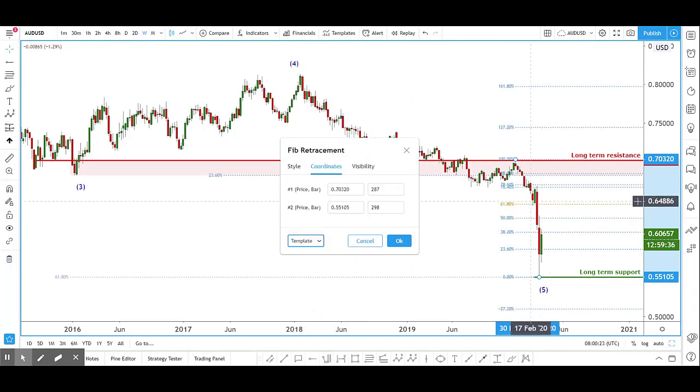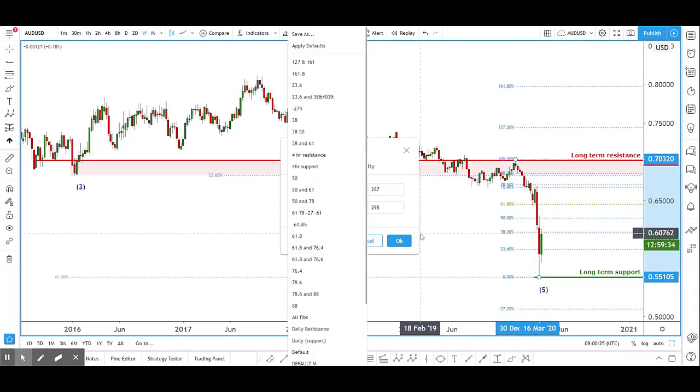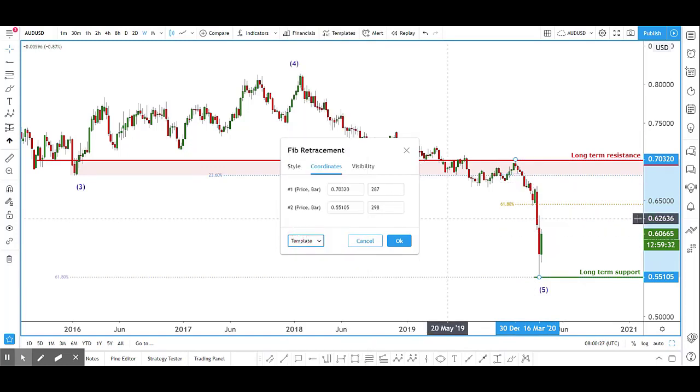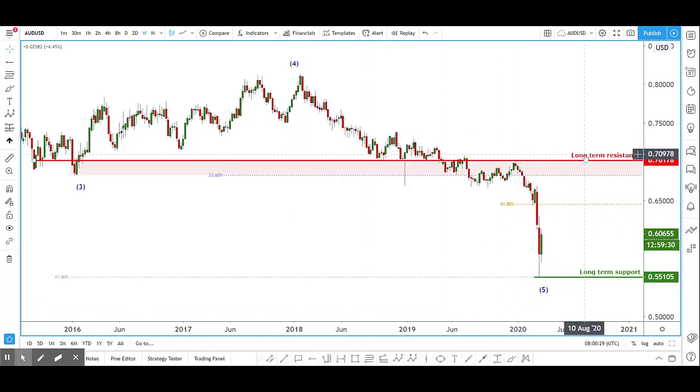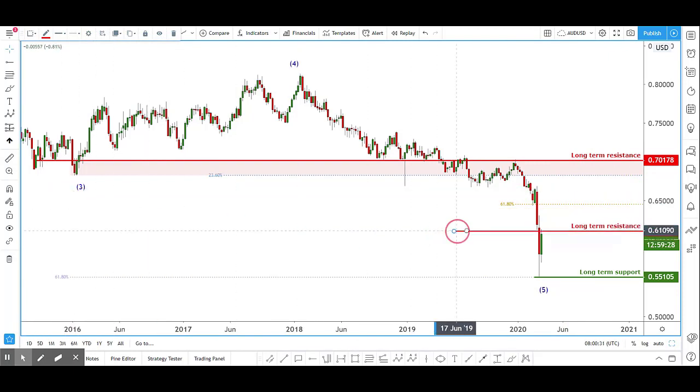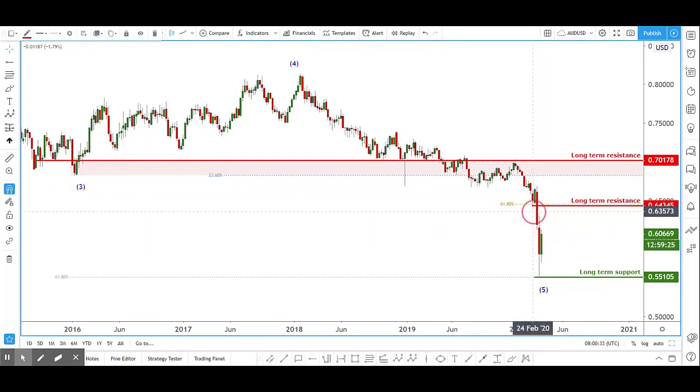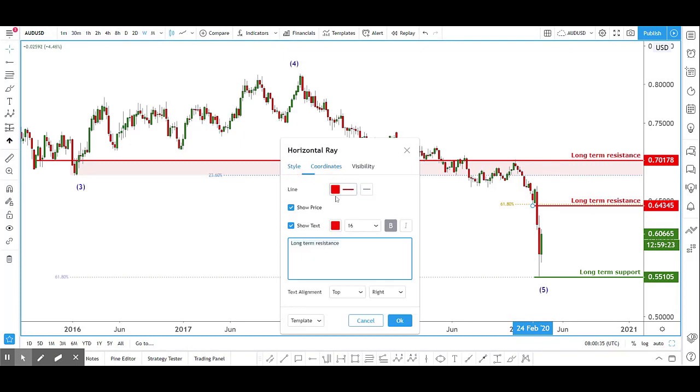And we see that 61.8 is right here where price made a pause, so we can highlight that level 61.8, and then let's put that level there. Okay, and let's call it our weekly resistance.